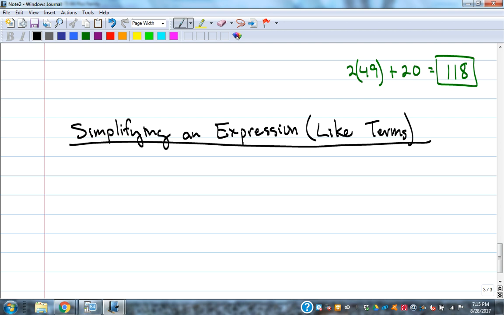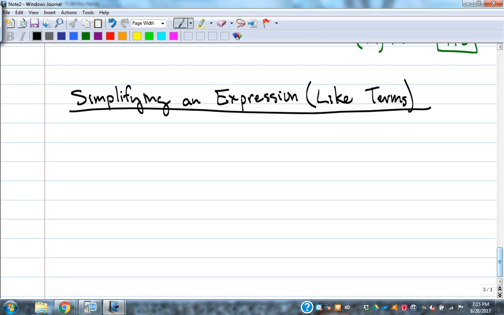Simplifying an expression would be something like, I don't know what letter I'm on, K. Example K, we might have something like 6 plus parentheses 9 plus x. We don't have anything in front of those parentheses to multiply by. We're just separating the 6 and the 9 plus x with that parenthesis.